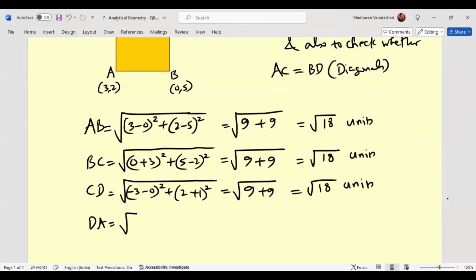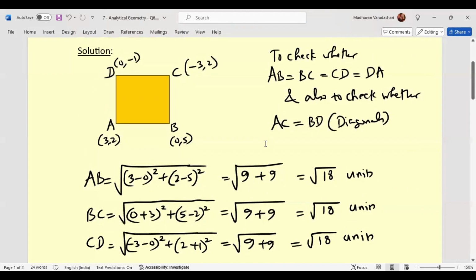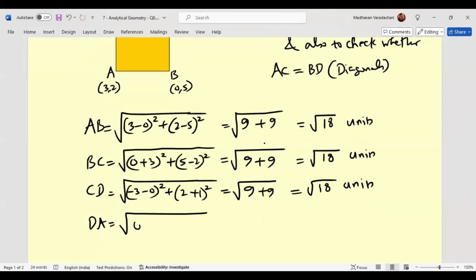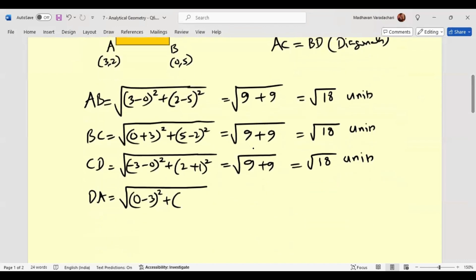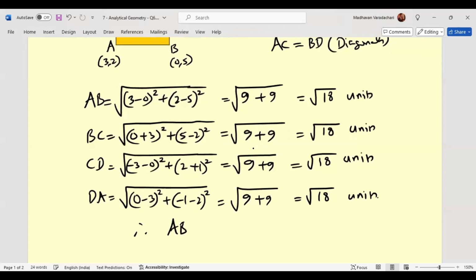DA distance will be (0 minus 3) the square plus (-1 minus 2) the square. So we get minus 3 square is 9, minus 3 square is 9. So this is also root 18 units. So we have found, therefore, AB is the same as BC is the same as CD is the same as DA. So one part is checked.